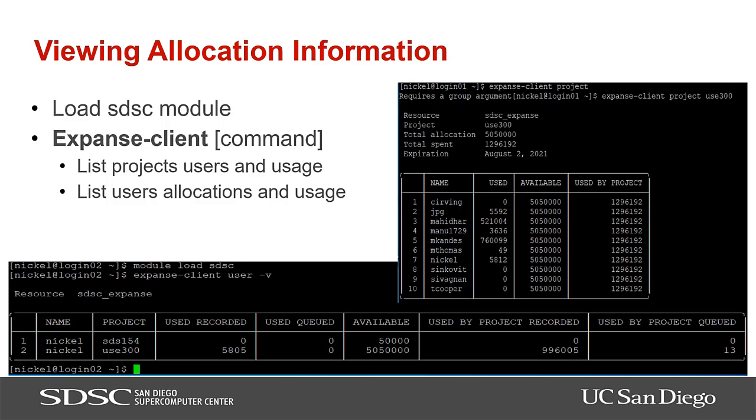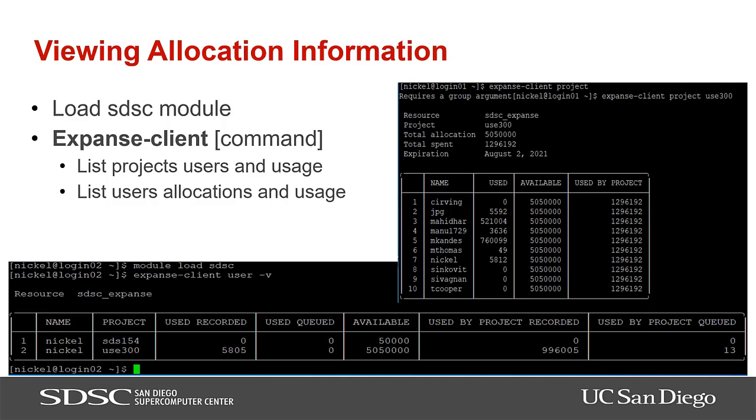Our accounting updates into the database nightly. So for everything that's been run today, if you go into the Expanse portal, you will only see information for all the jobs that were run yesterday or before then. You won't see what happened today because the jobs are uploaded at midnight.